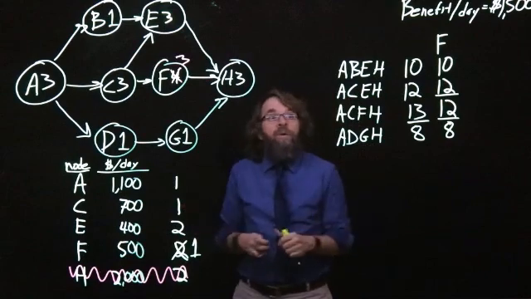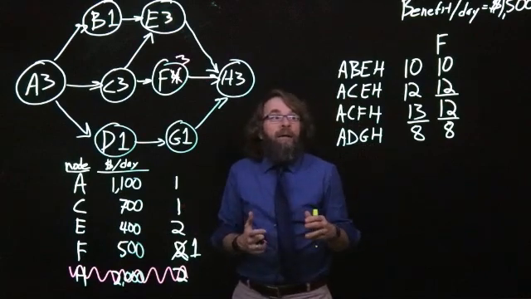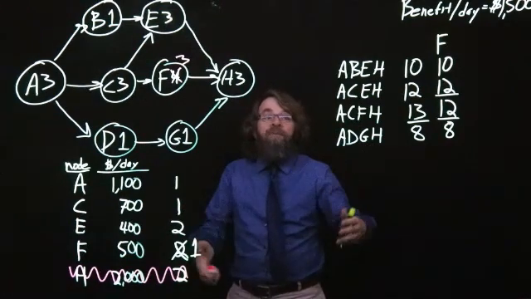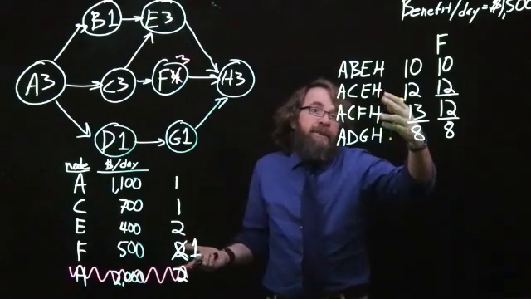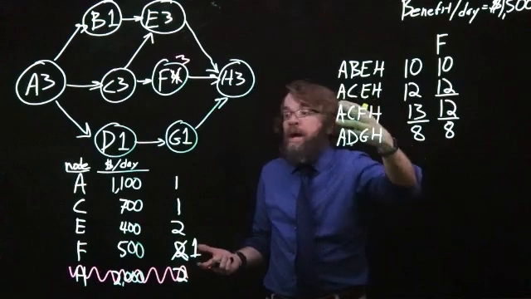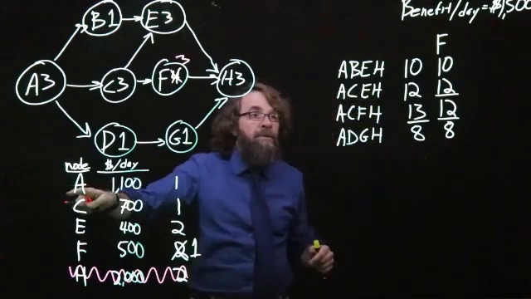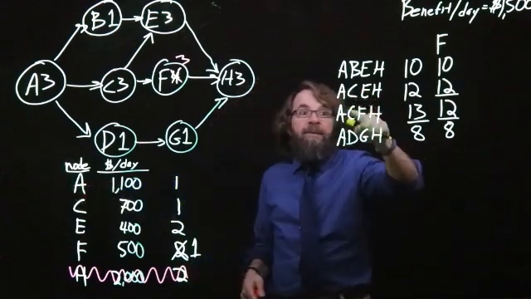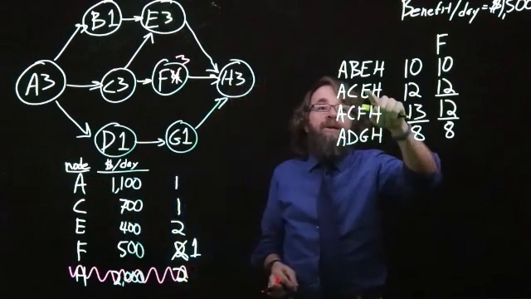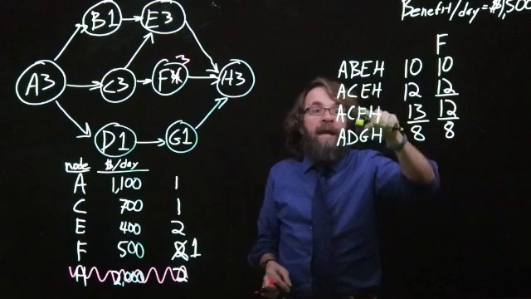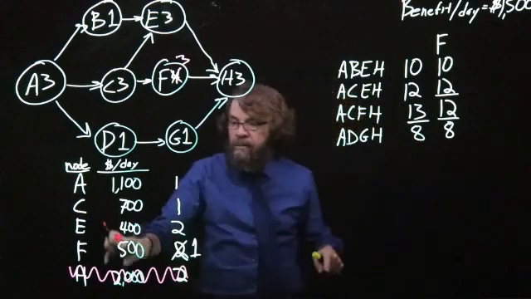Okay, so now as I look at it, I need to crash activities on both paths. Again, H is off the table. I could crash A, that would be $1,100. I could crash C because it's on both paths. That would cost $700. Or I could crash E on this one and F on that one, and that would cost me $900.